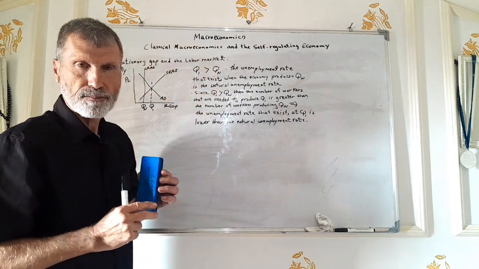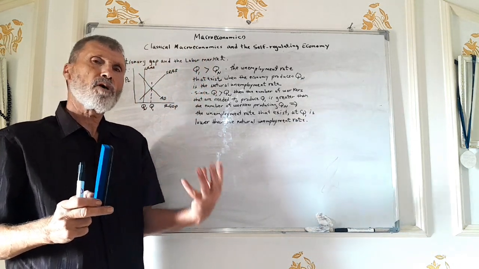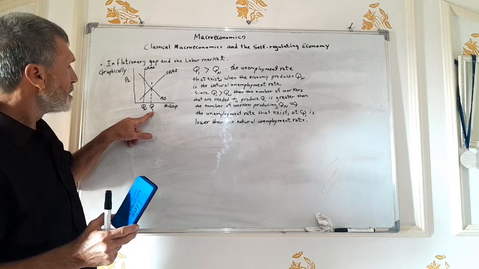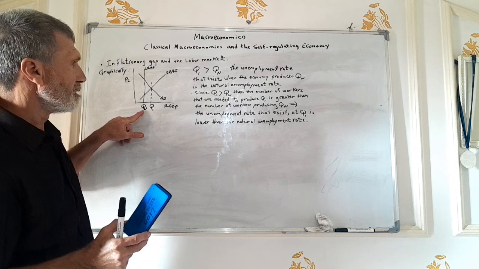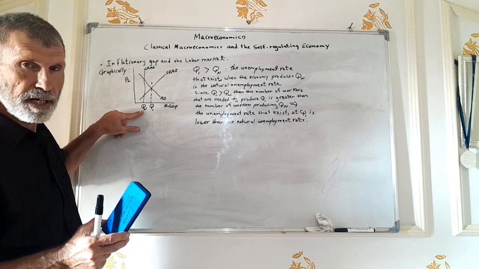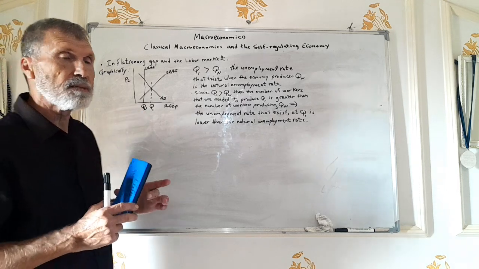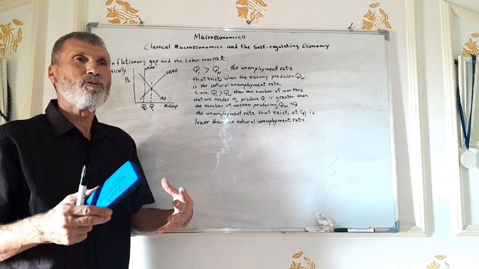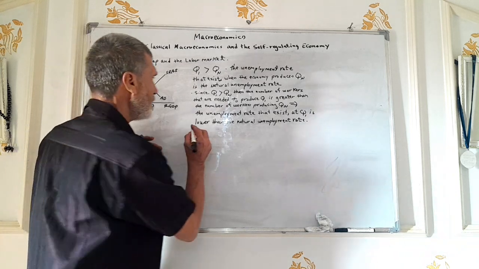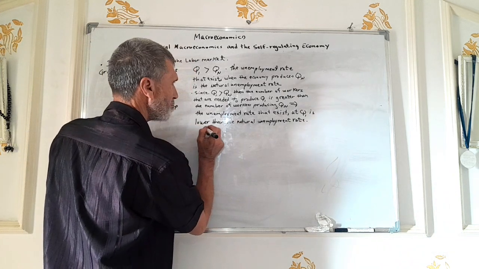If the unemployment rate that exists when producing Q1 is lower than the unemployment rate that exists at Qn, which is the natural unemployment rate, what do we conclude about the labor market?